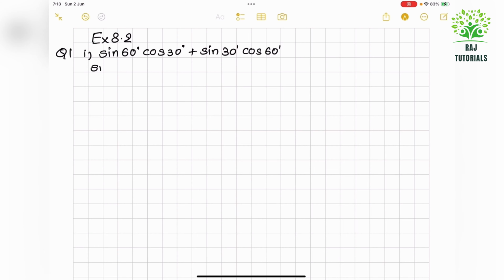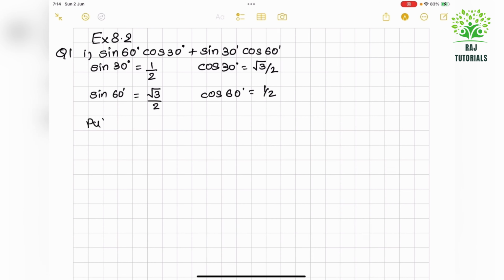So we know that sine 30 degree will be equal to half, sine 60 degree equal to root 3 by 2, cos 30 degree equal to root 3 by 2, and cos 60 degree equal to 1 by 2.